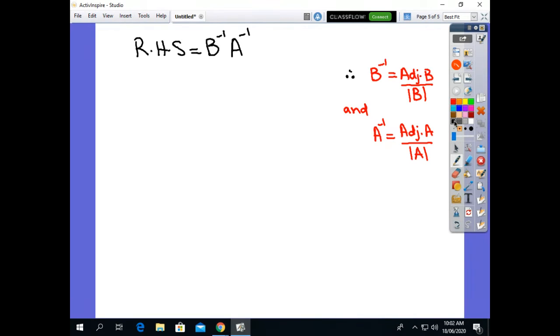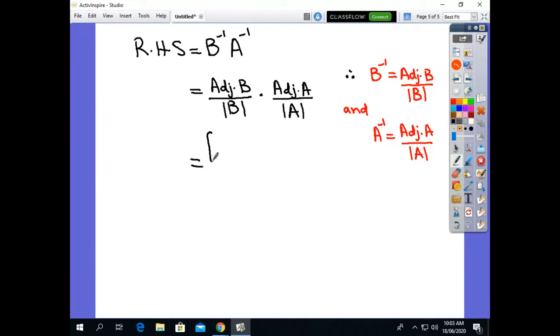Here, the formula of B inverse is adjoint of B over determinant of B, and A inverse is adjoint of A over determinant of A.